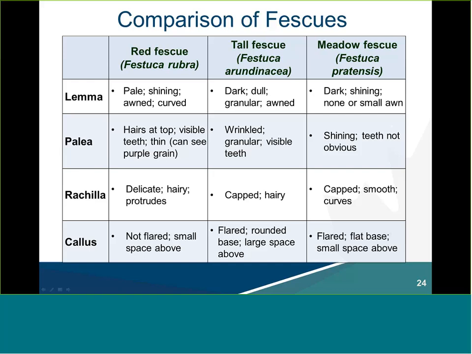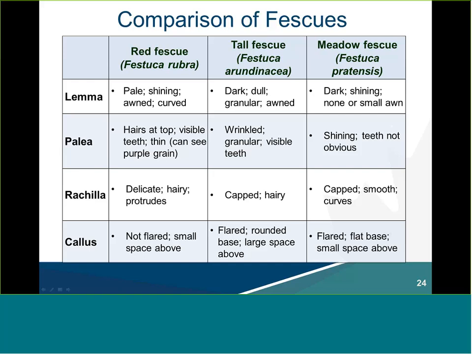But just between this red fescue, it stands out from all the others because it is pale. The shining of it definitely sets it apart from tall, and it is awned. And the other thing about red fescue, it's rather a delicate floret, and it's often curved backwards when it's mature, such as what you see as a crop species.